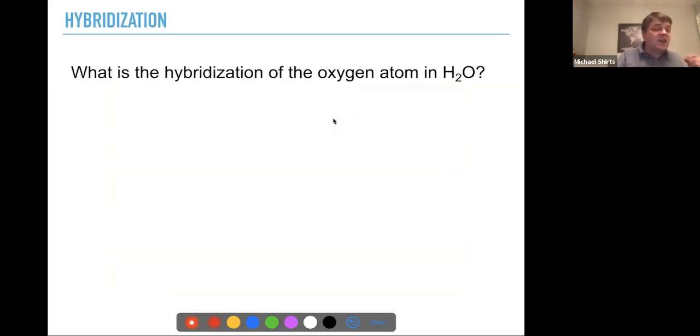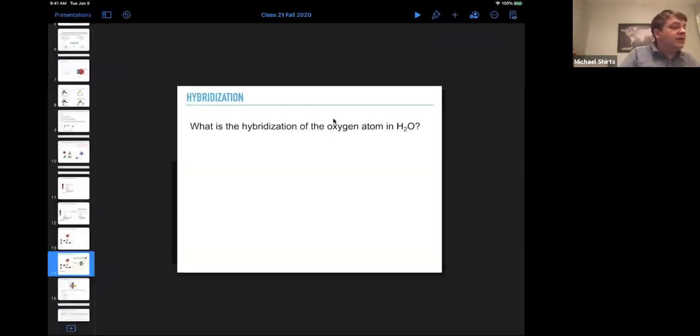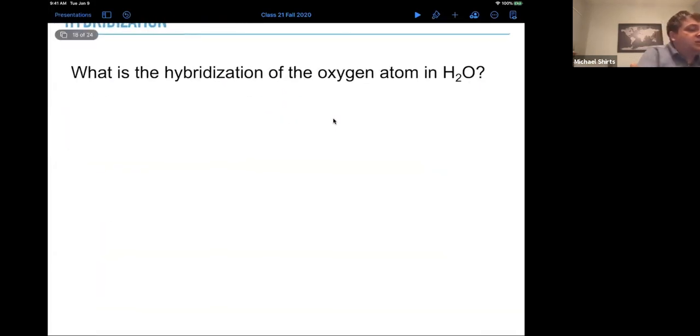What's the hybridization of the oxygen atom in H2O? Well, let's look at the Lewis structure. The Lewis structure, remember, has O, H, H, and the total number of electrons is 6 plus 2, 8 electrons. So we put 2 more lone pairs here, and so we have these 4 regions of electron density.